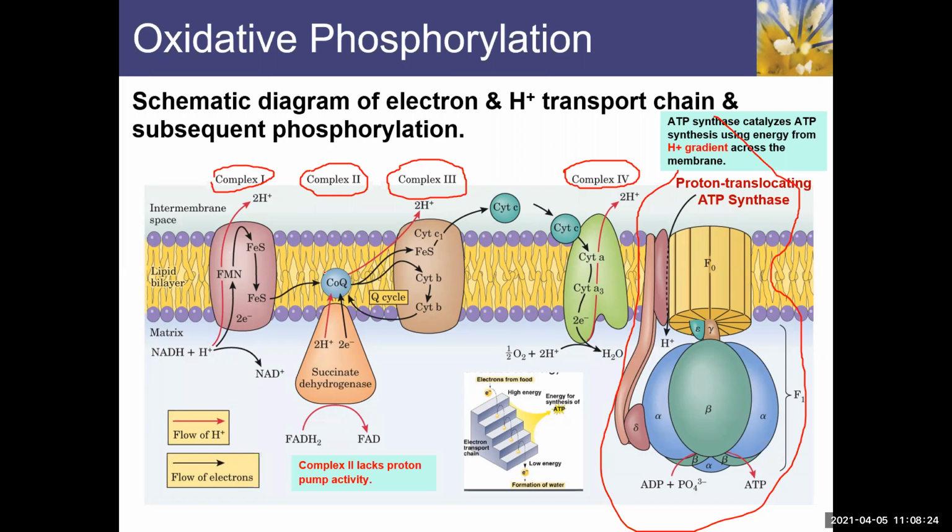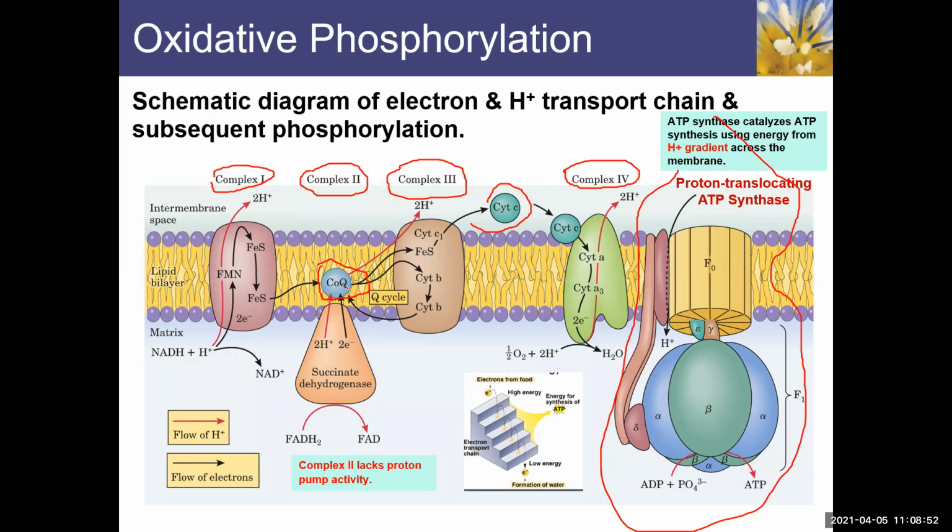Now, what else do we have? Other than that, if you see here, we also have the COQ and then we have the cytochrome C. What are these? COQ and cytochrome C are simply the electron carriers. For example, COQ is basically the hydrophobic carrier.